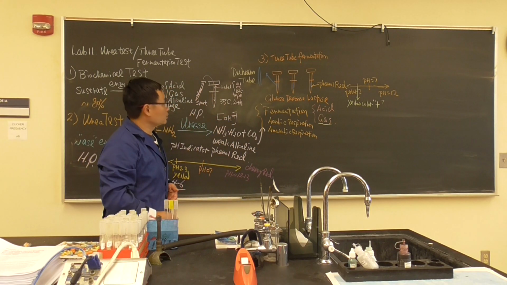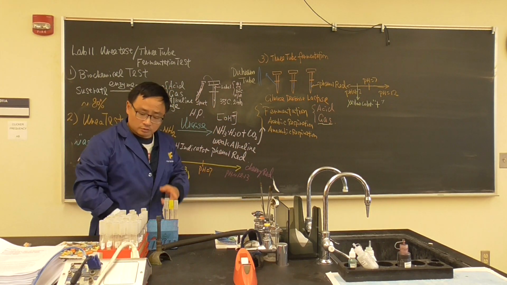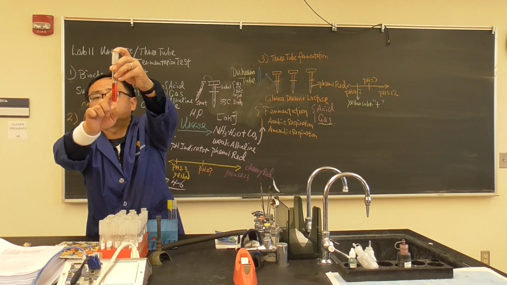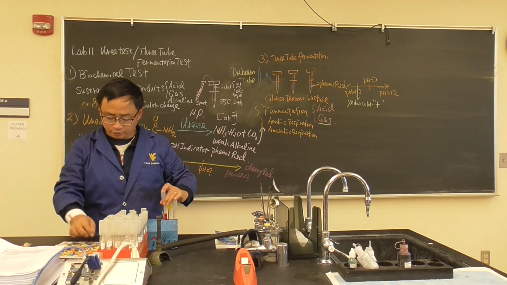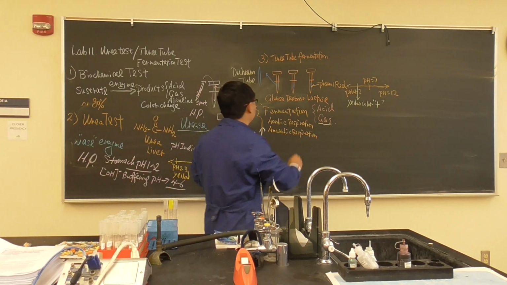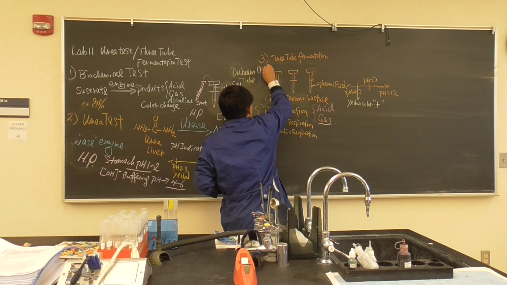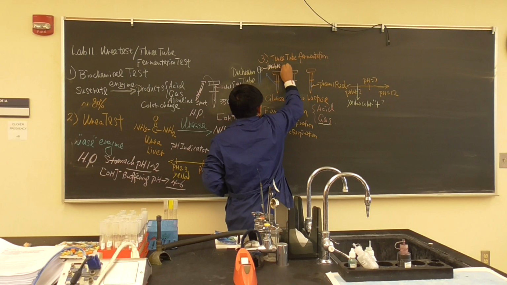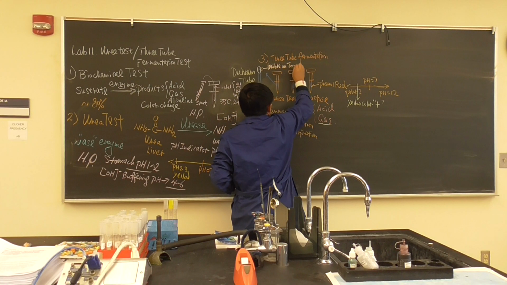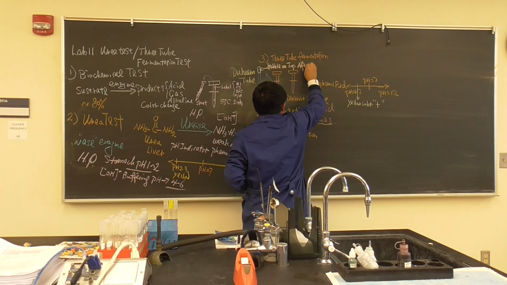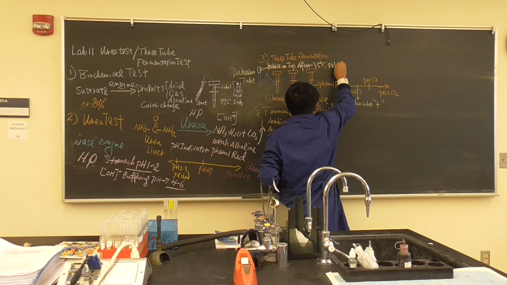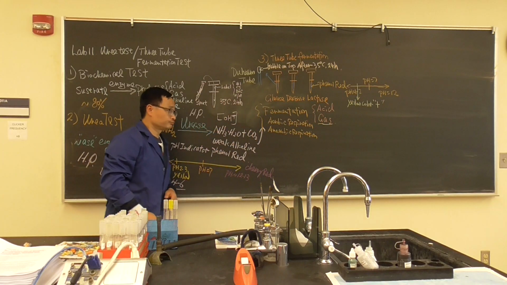The Durham tube we're testing whether there is gas generated. You can see a very small tube there. How do we know it is gas positive? You see there is a bubble on top after 35 degrees Celsius, 24-hour incubation.